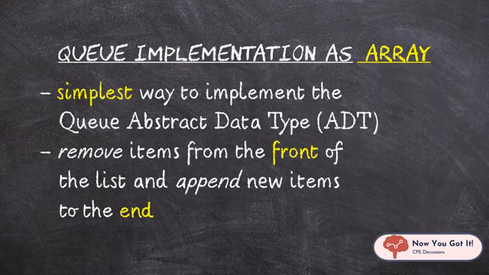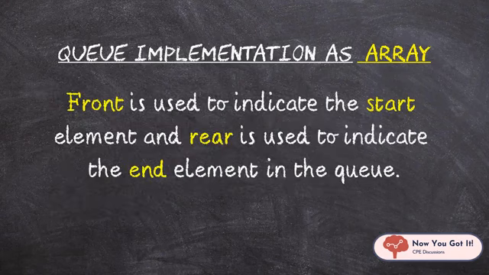By applying these operations, we can remove items from the front of the list and append new items to the end. In the array, we add elements and use two variables to keep track of the start element and end element. Generally, front is used to indicate the start element and rear is used to indicate the end element in the queue.